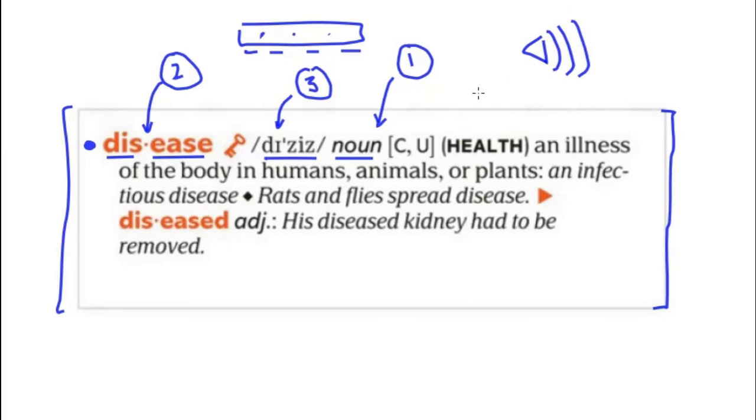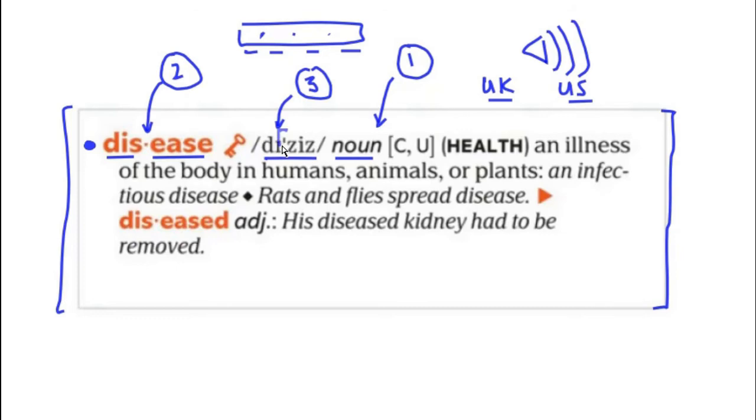You can play the audio sample, and sometimes they will have the UK accent, sometimes the US accent also. So you can listen to a word pronounced by a UK speaker or a US speaker. Sometimes it's different, and that will really help you understand the pronunciation of the word.